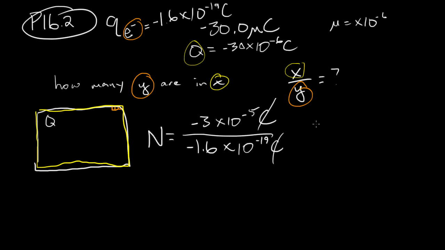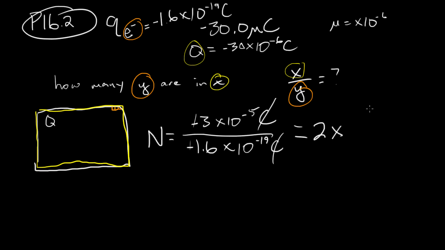The coulombs cancel. That's good because we're looking for just a dimensionless number, the number of them that there are. The minuses cancel too, so we can just cancel those out. And now 3 divided by 1.6 is almost exactly 2. I mean, it would need to be 3.2, but who cares? We're in physics, right? This is 2.